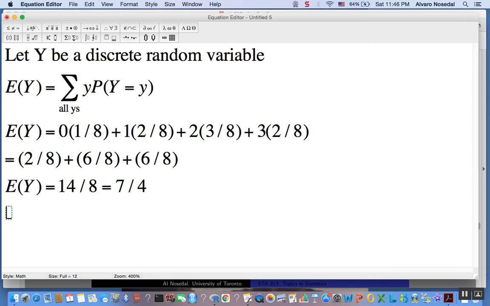Next, what we would like to find is the variance. We know that the variance of a random variable y is just the expected value of y squared minus the expected value of y, the whole thing squared.